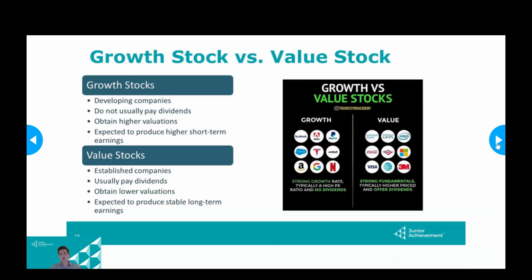To give you an example, Coca-Cola stock, let's say, has an 8% return every year. However, it also gives, let's say, a 3 or 4% dividend. So you get the 8% from stock appreciation every year, and on top of that, you get the dividends. That's how it's a little different. Depends upon what you want to invest in. If you want to do more growth or value, it's up to you.